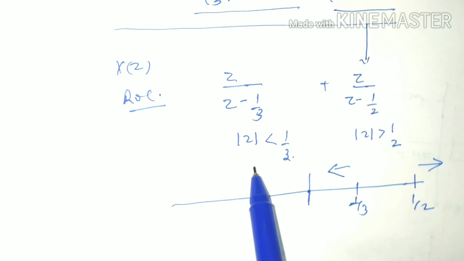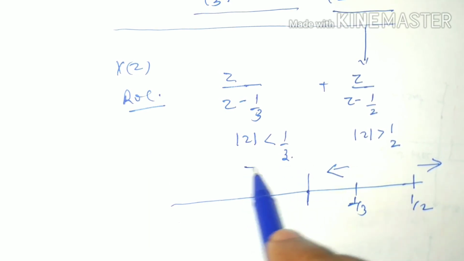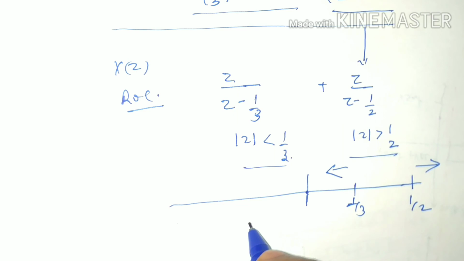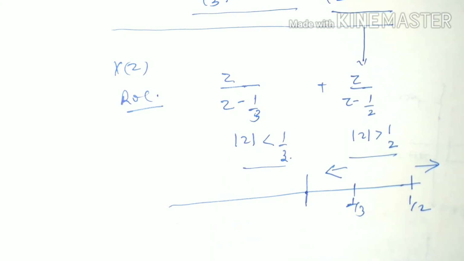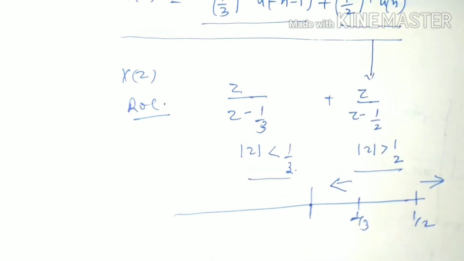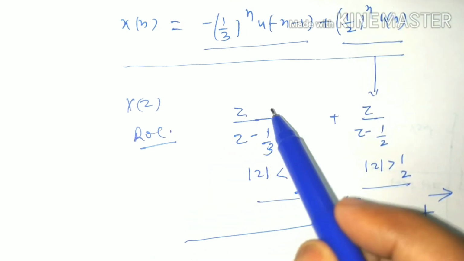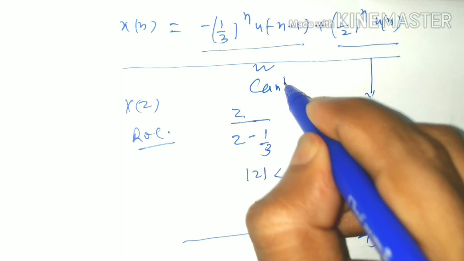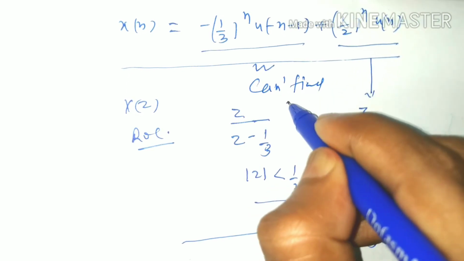So what will be its intersection? Here there is no intersection between these ROCs, so there is no region of convergence. Its Z transform cannot converge, so we cannot find the Z transform of this signal. So our right answer is: can't find the Z transform.